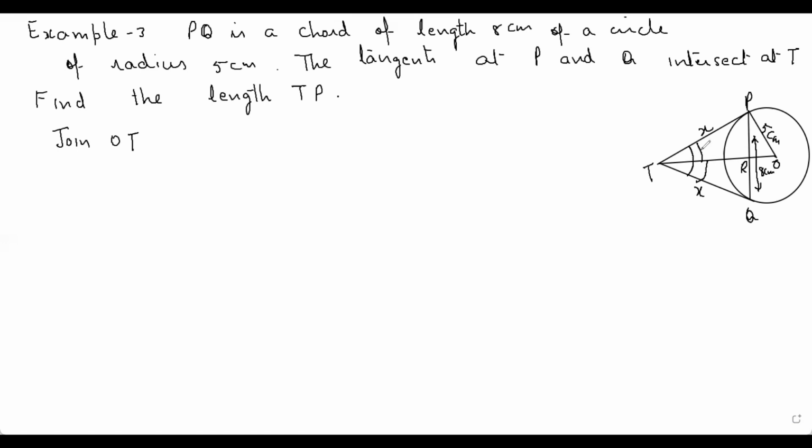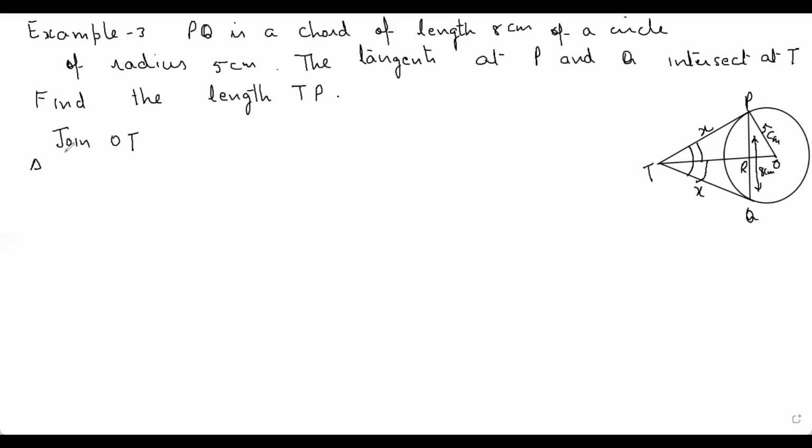Now, if this is the angle bisector, then OT is perpendicular to PQ. Now we know a perpendicular from the center to the chord bisects the chord. If this is 8 centimeter, then PR is 4 centimeter and RQ is 4 centimeter.